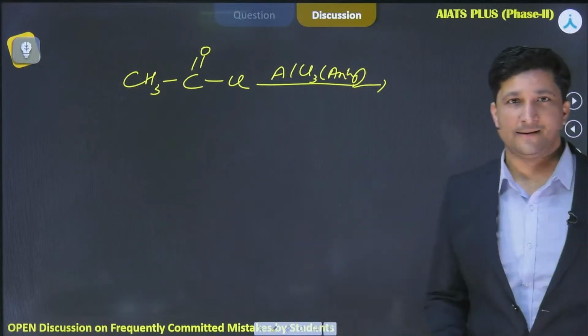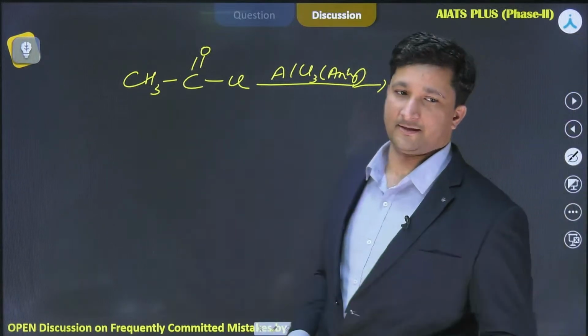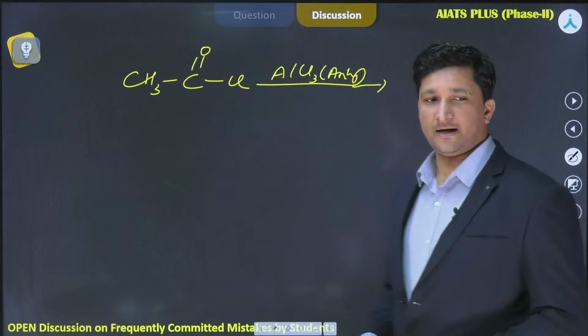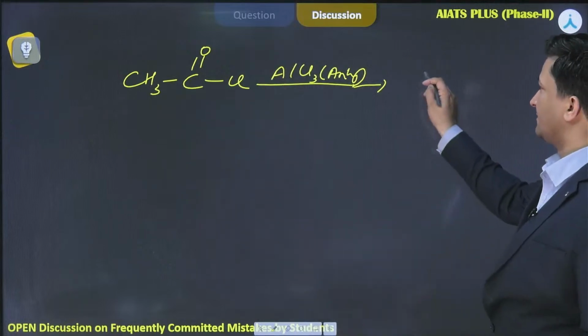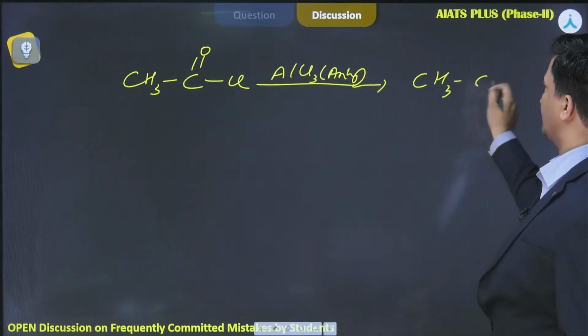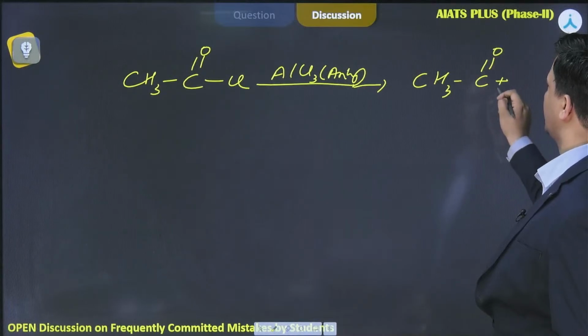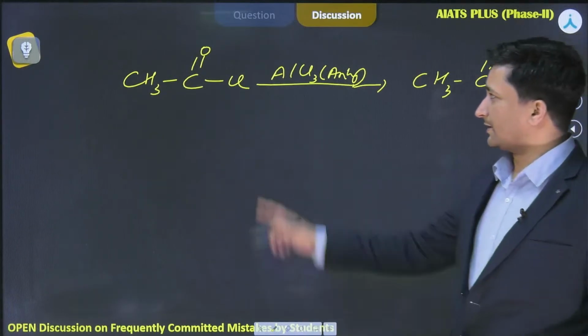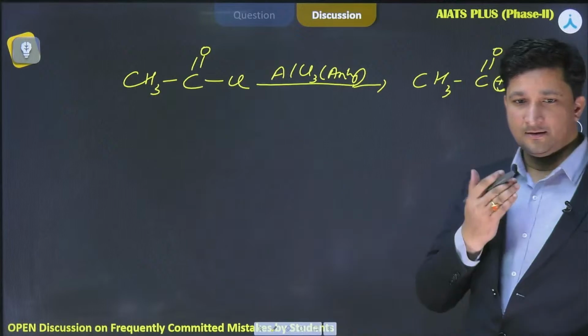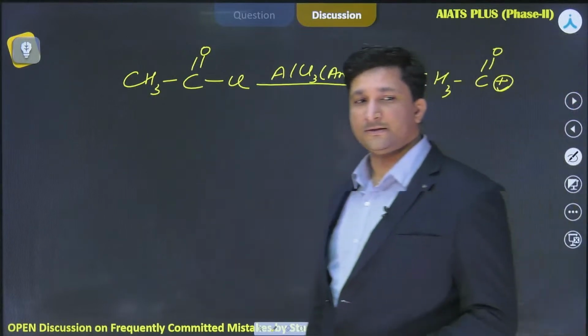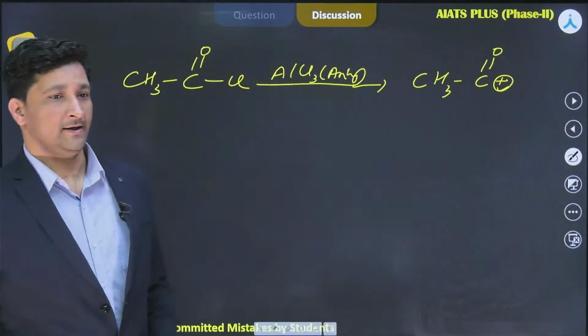Sorry, not the product, I am asking about the electrophile which will be generated here. So definitely the electrophile, the acylium ion, is CH3C double bond O plus. This will be formed. AlCl3 will take out this Cl minus.